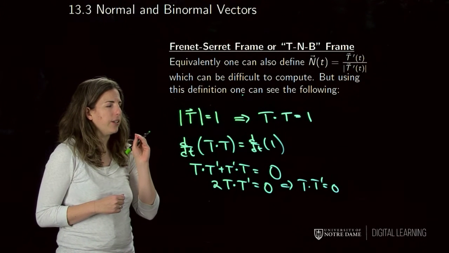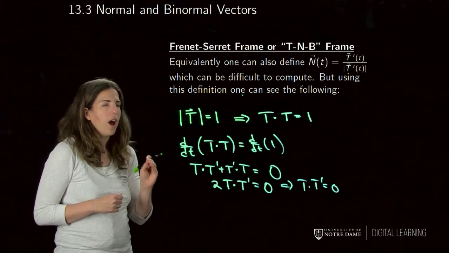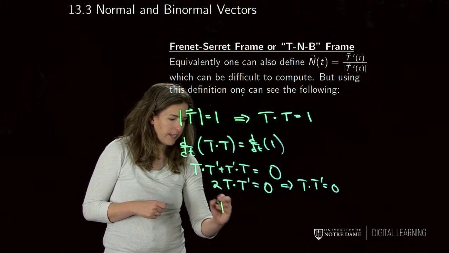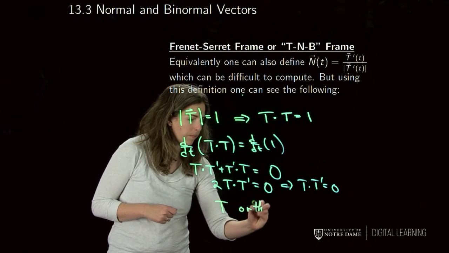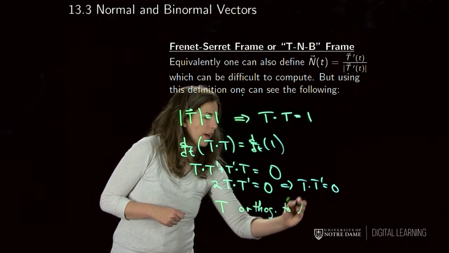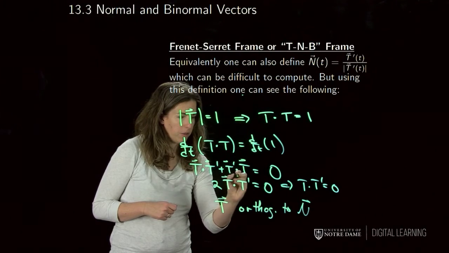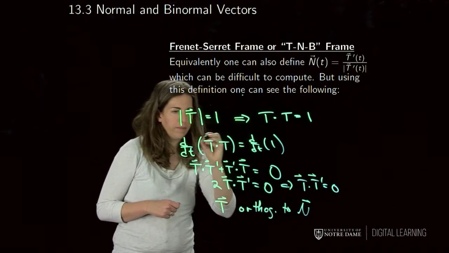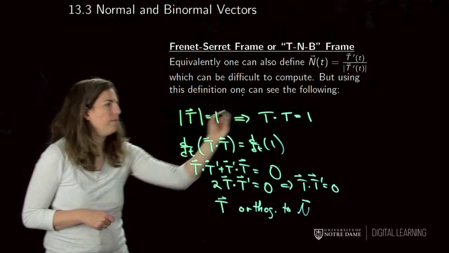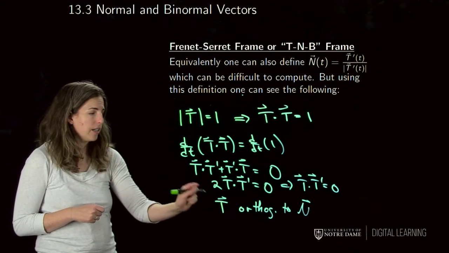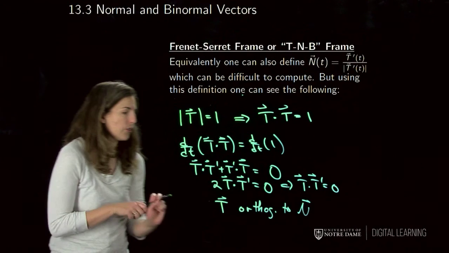This tells us that the unit tangent is orthogonal to the derivative of the unit tangent. Then this tells us that T is orthogonal to N. All of these are vectors, so they should have had vector symbols on them. This is really important: we can see that this is orthogonal to this.